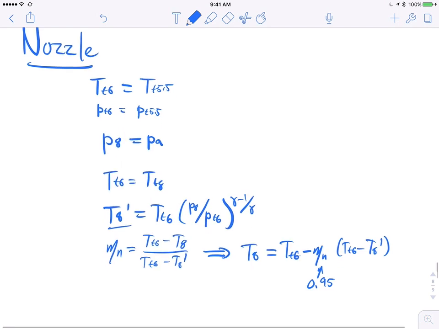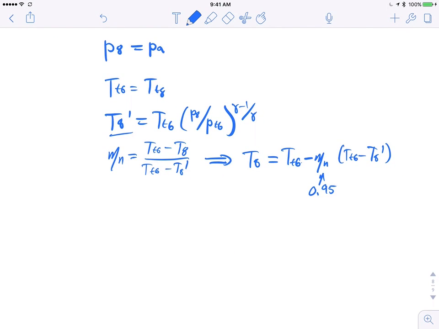Substituting numbers into these equations, we can solve to find that our ideal exit static temperature is going to be equal to, again, TT6, which is 796.218 degrees Rankine, times the static to total pressure ratio, where the static pressure P8 must match ambient, so it's 2.99 psia divided by PT6, which we just found to be 9.541 psia.